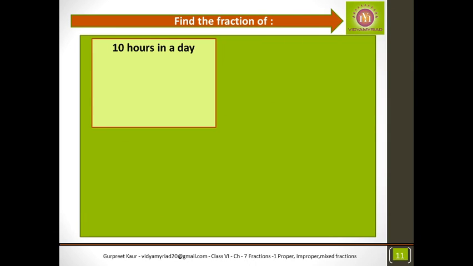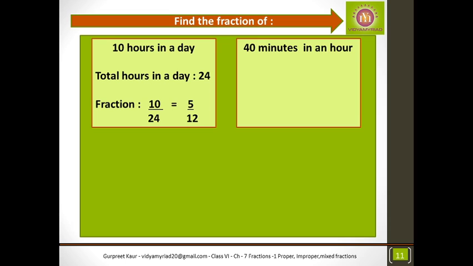Now my question is to find the fraction of 10 hours in a day. This is the complete question, okay. Now there is only one piece of information here. But children, I know that there are 24 hours in a day. That is fixed, okay. So I can easily write the fraction as 10 upon 24.